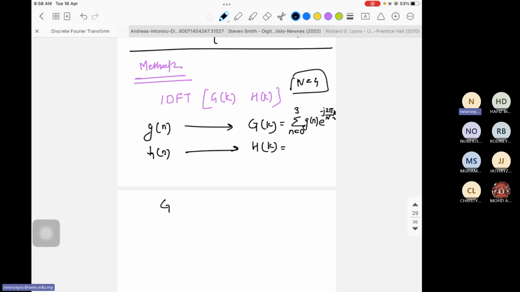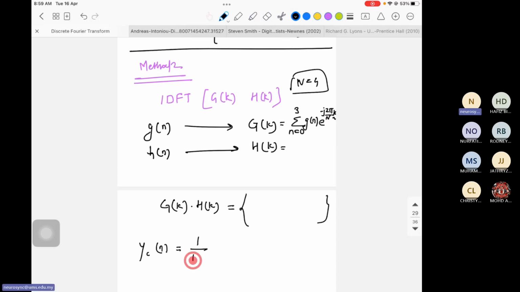Then what we will do, we will multiply this G of k into H of k. Whatever you will get, you will get the answer for this. Then you need to apply the inverse DFT to get back the signal.